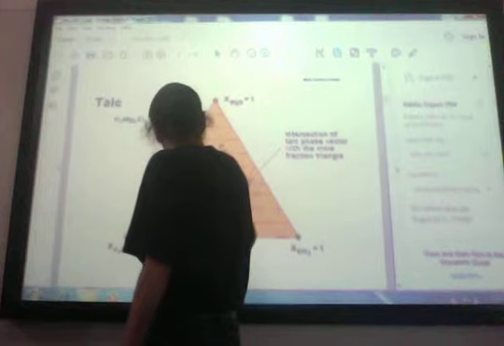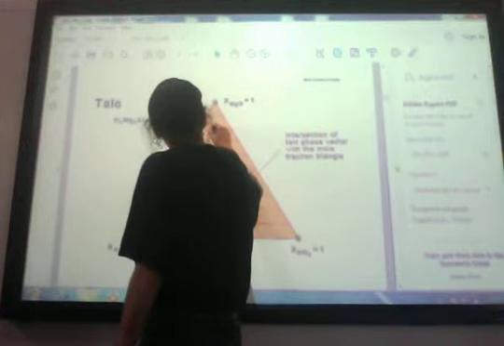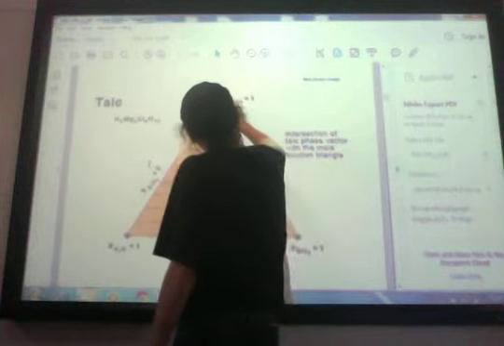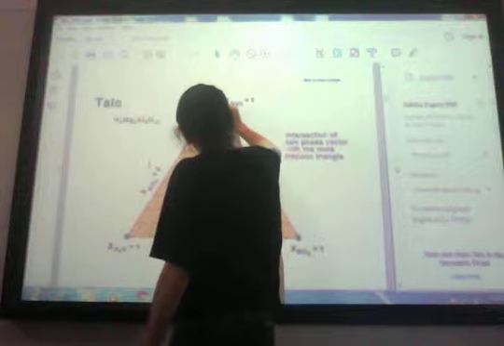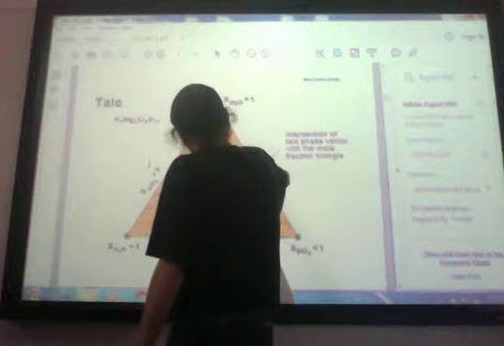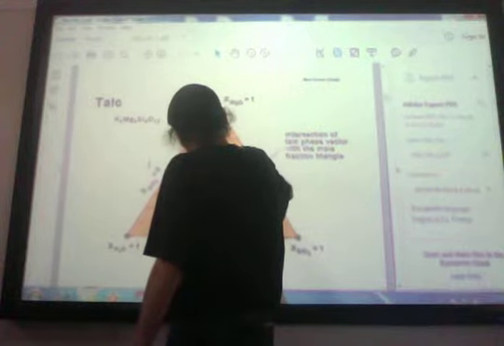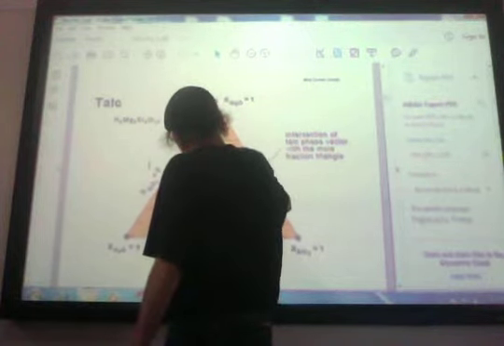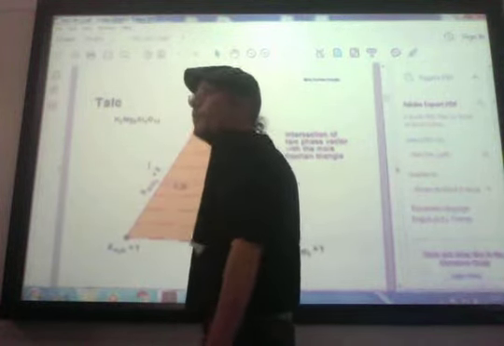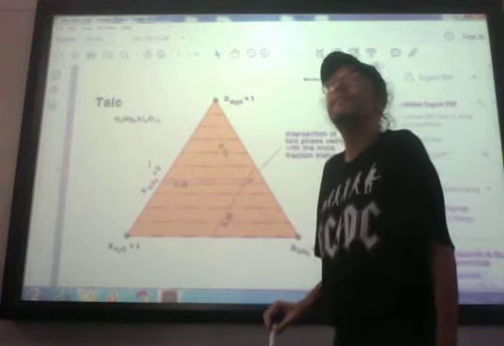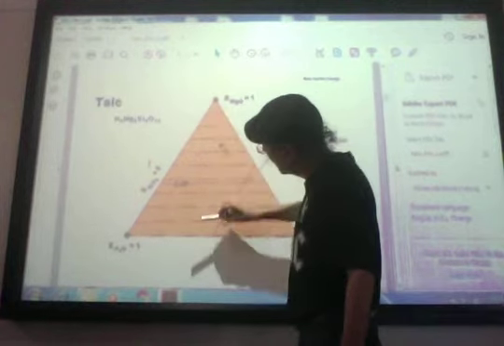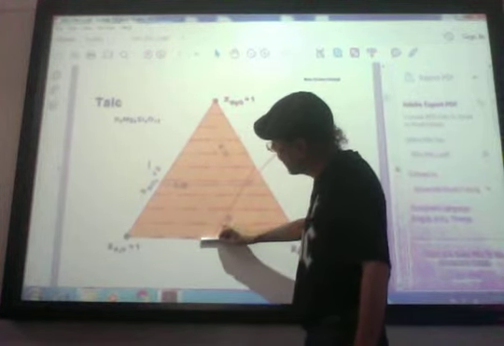1, 2, 3, 4, 5, 6, 7, 8, 9. Because here we have an XMgO of 0.9, 0.8, 0.7, 0.6, 0.5, 0.4, 0.3, 0.2, 0.1, and here 0. These lines should be parallel to this line.